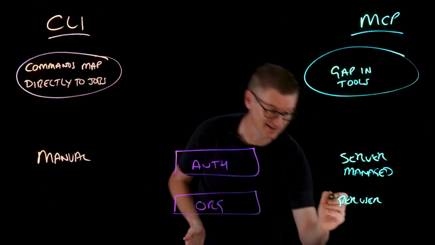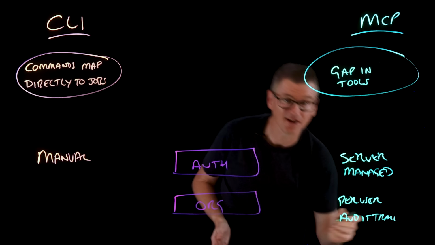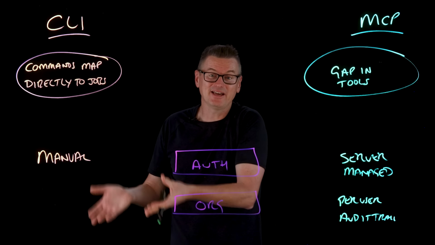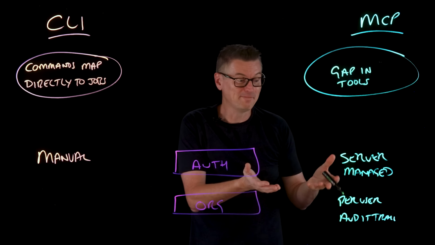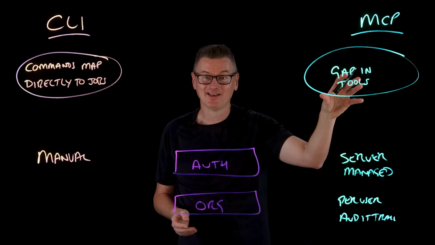We might need audit trails so we can actually track what is being done. And those are hard things to bolt onto CLI after the fact, but MCP has it all built into the protocol. So MCP or CLI, you probably saw this coming, but the answer is to use both.